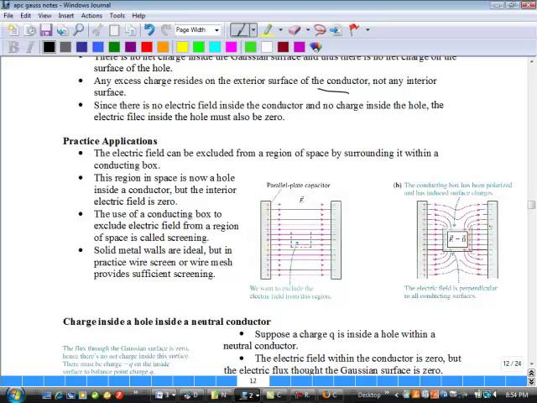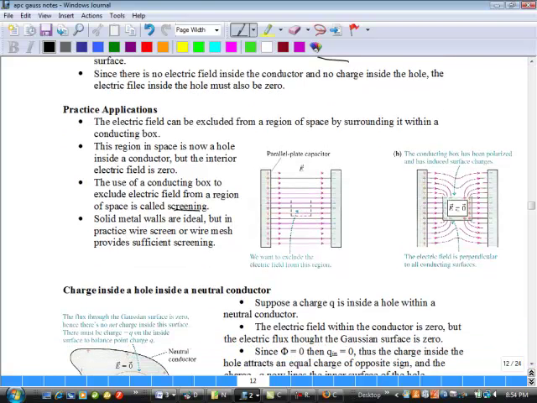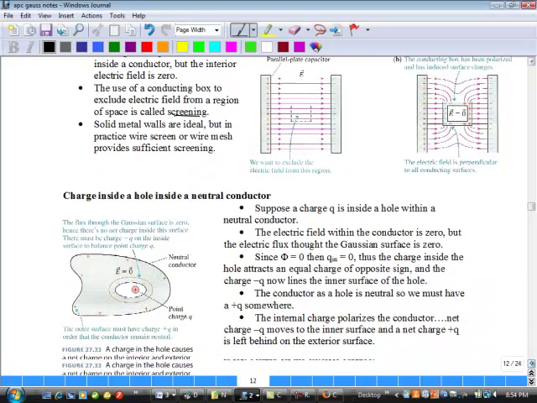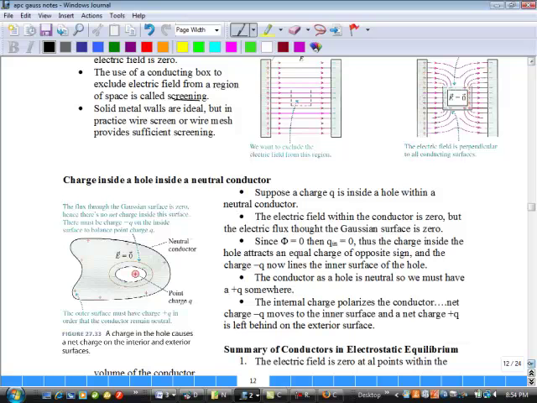This negative side is going to produce a positive right there. We call this screening, and that is a practical application when we talk about capacitors, which you'll get into in about the third year of electrical engineering.